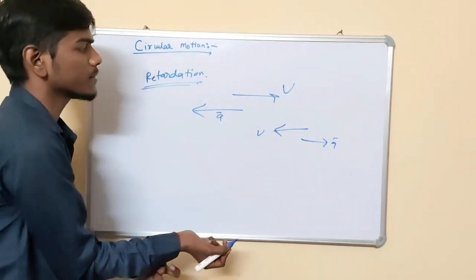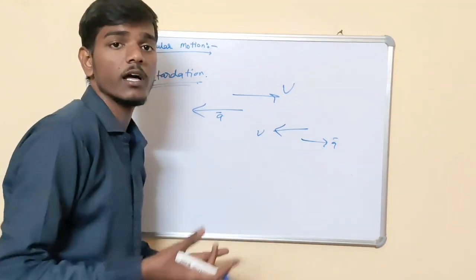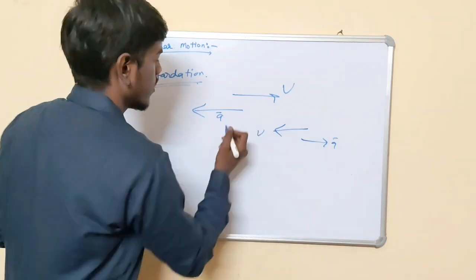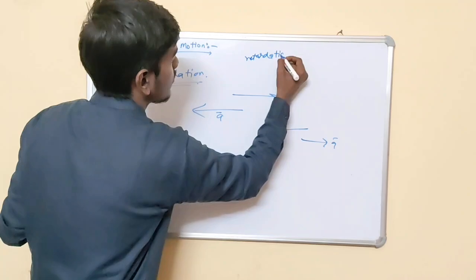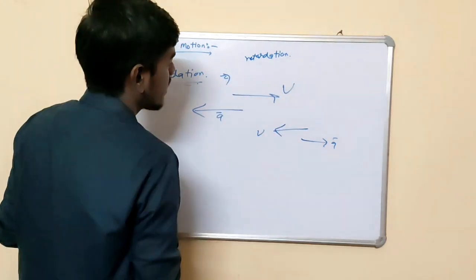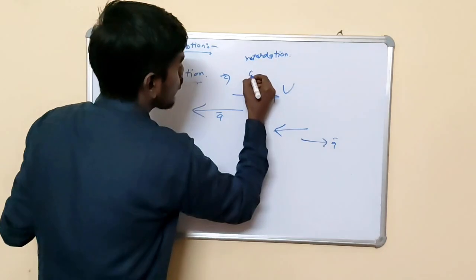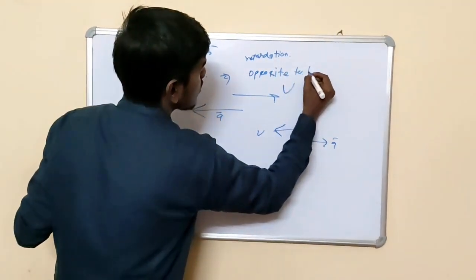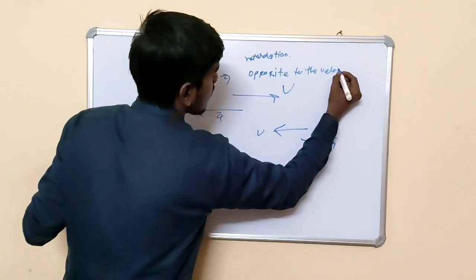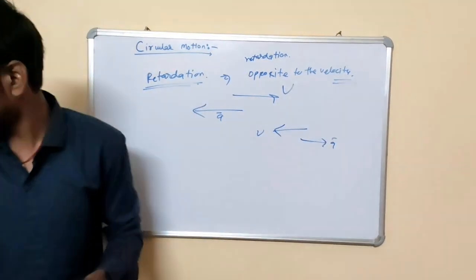There is a very big misconception about retardation, that negative acceleration means retardation. But no, retardation doesn't mean that acceleration is negative. Retardation actually means opposite to the velocity. Retardation is always opposite to the velocity. So that's the kinematics part.